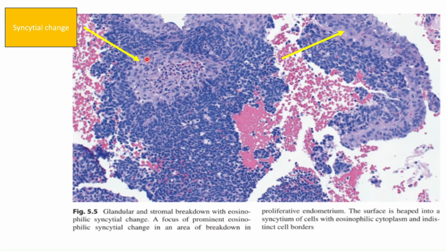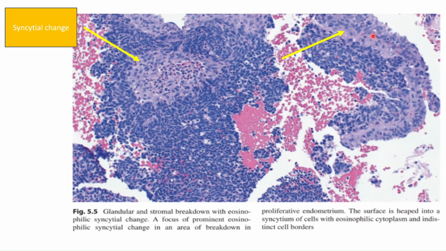This is the section showing syncytial change in a case of glandular and stromal breakdown. These glands are showing extensive eosinophilic cytoplasm, indistinct cell borders, and the stroma is compact.